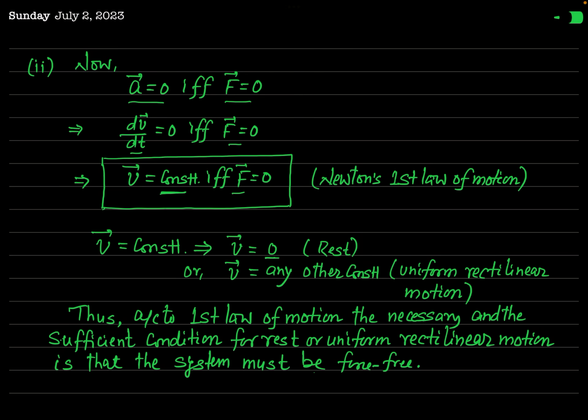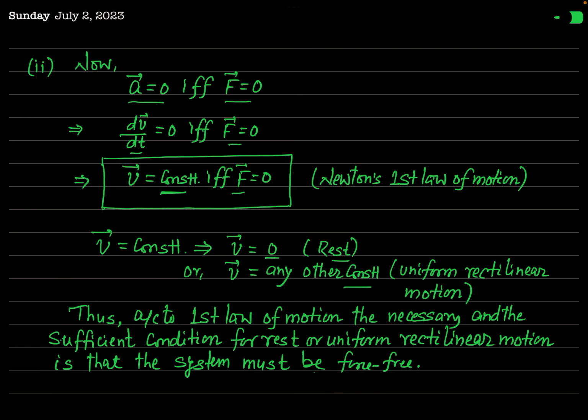And when this v is 0, we simply say that our body is at rest. But this constant may not be 0, it may be some other constant. Let us say v is equal to 10 meter per second towards east. That is also a constant. So v will be either 0 or any other constant.